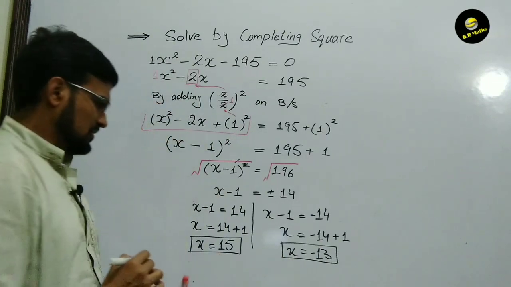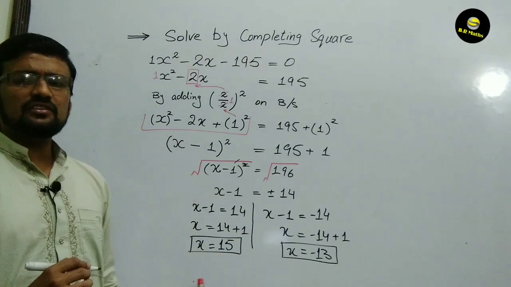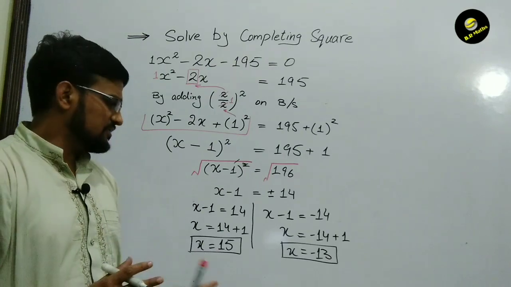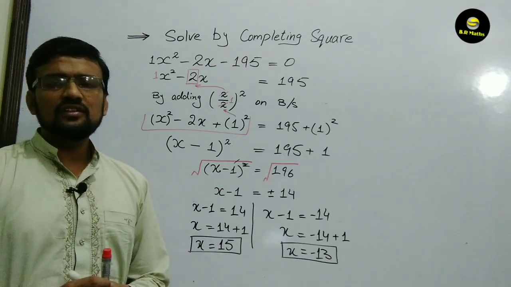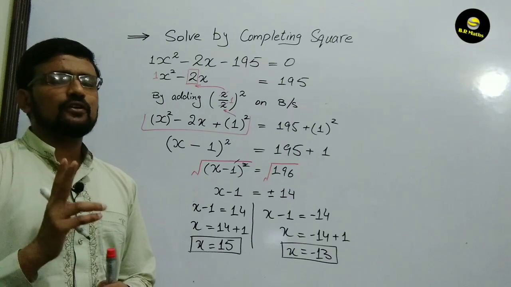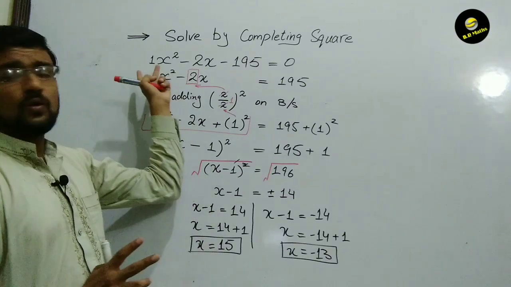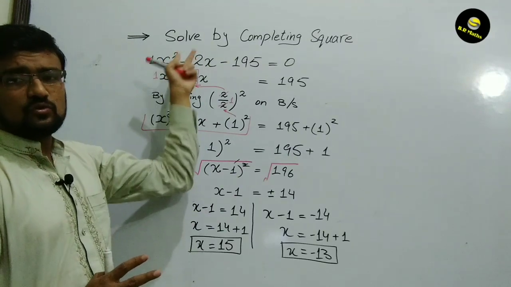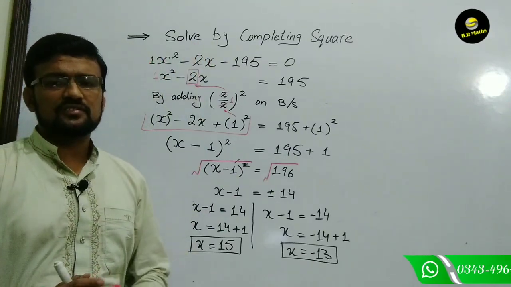See student, these are two results: x equals 15 and x equals minus 13. These are the two different roots of this quadratic equation. The degree of the quadratic equation is 2, which means there are two results.